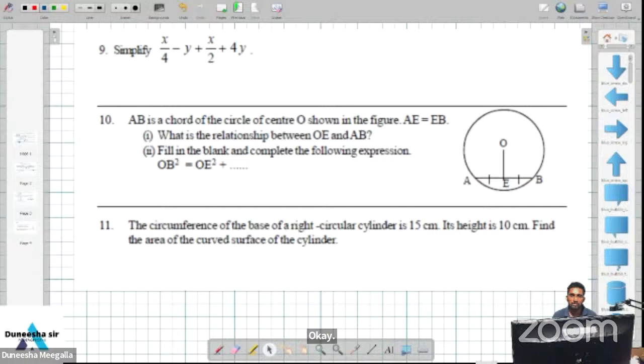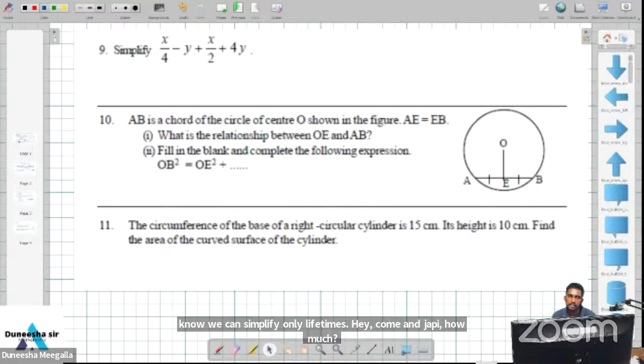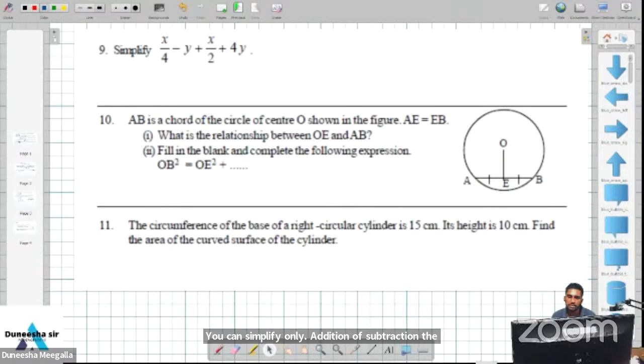We know we can simplify only like terms. We can simplify addition or subtraction only with like terms.